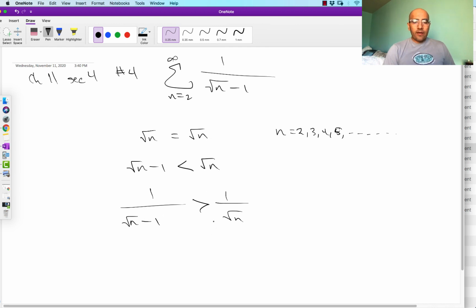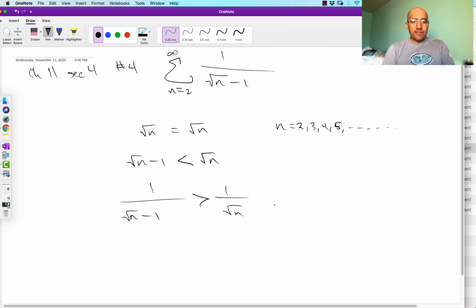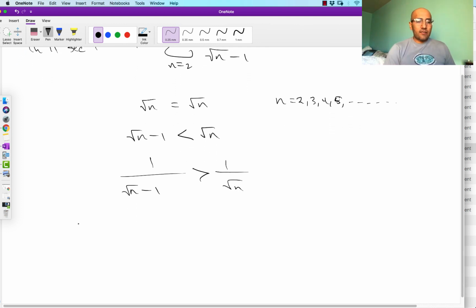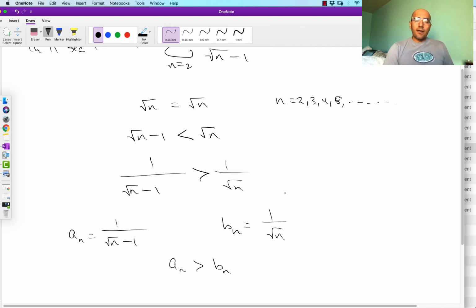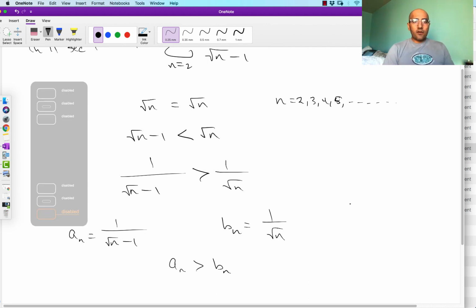Okay, and then what about this? We've established that a sub n equals 1 over root n minus 1, and b sub n equals 1 over root n. We've established that a sub n is greater than b sub n on a term-by-term basis. But what about as we go out to infinity?